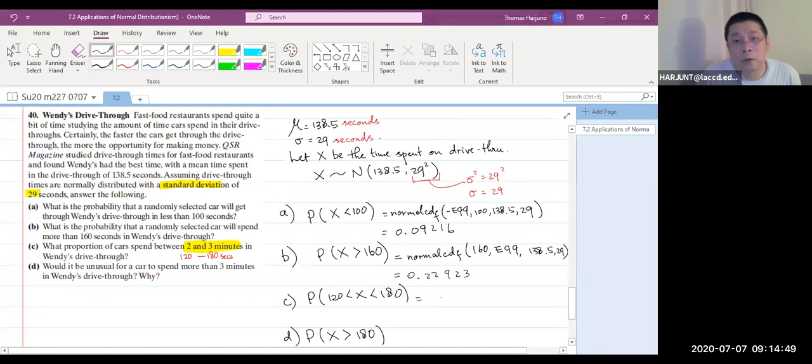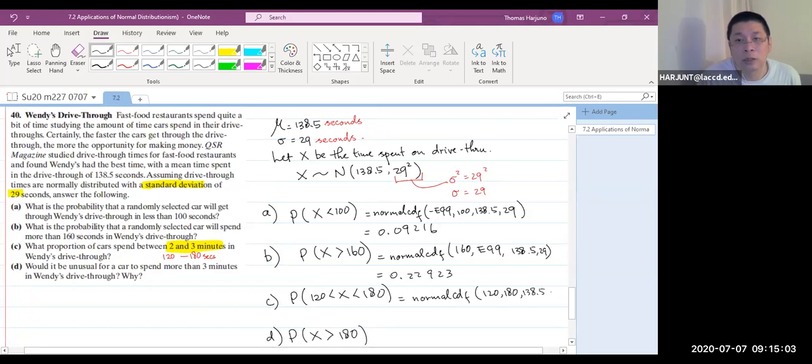This is normal CDF 120, 180, 138.5, 29. Okay, 0.6623.